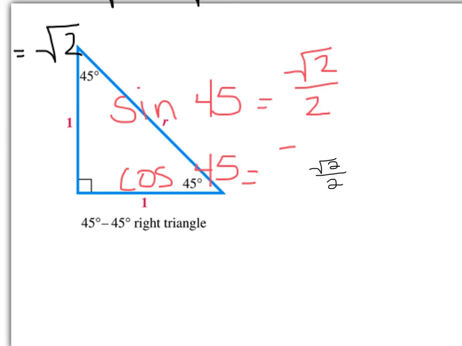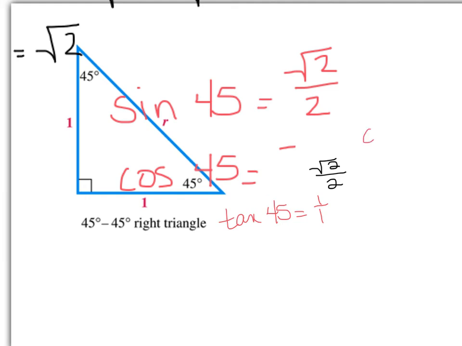Notice that the cosine of 45 is equal to the sine of 45. And when we talk about cofunctions, sine and cosine are cofunctions. 45 and 45 are complementary. So cofunctions of complementary angles are equal. Taking a look at the next one, tangent of 45, 1 over 1.